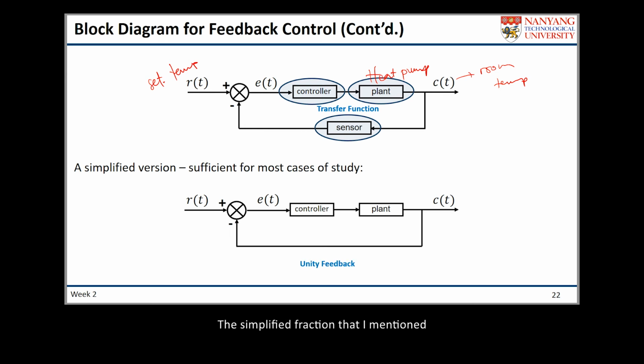The simplified version that I mentioned, when we can consider the sensor as a unity function, when you consider the sensor as a static system, when you don't have anything on the feedback part, we call this kind of system a unity feedback system. These two, the non-unity feedback, the first one, and the unity feedback system, you might encounter many times in the next few topics, because these are the most common controlled systems that you might see in practice.